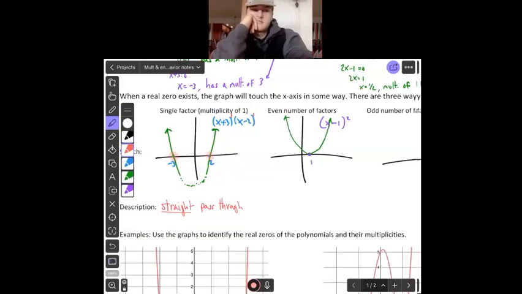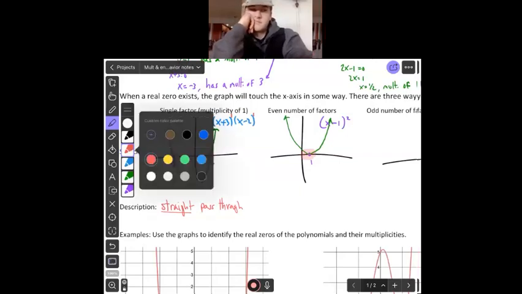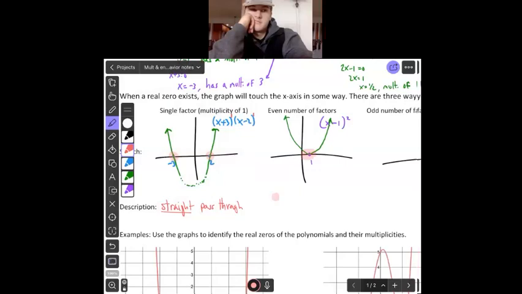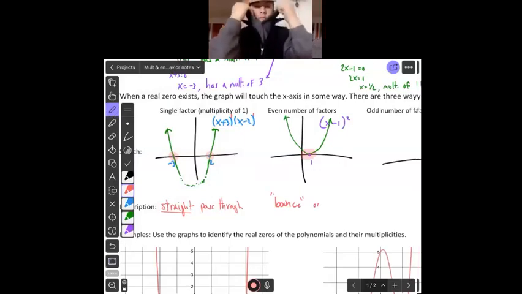So if our job is to describe what's happening here, what's the graph doing at that x-intercept? Generally, what I call this is a bounce. That's my word for it. Or it can be like a turnaround.